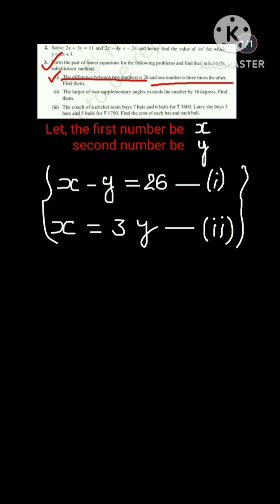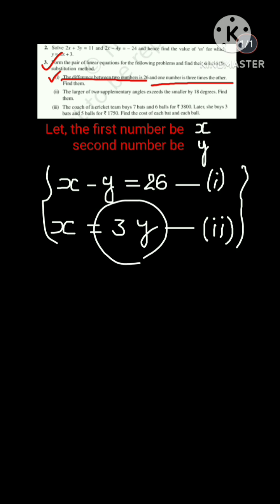Now we have to find the value of x and y by the substitution method, right? And here simply we can put the value of x, whatever we have obtained in equation 2, into equation 1, and here according to second equation, x equal to, we have obtained 3y.